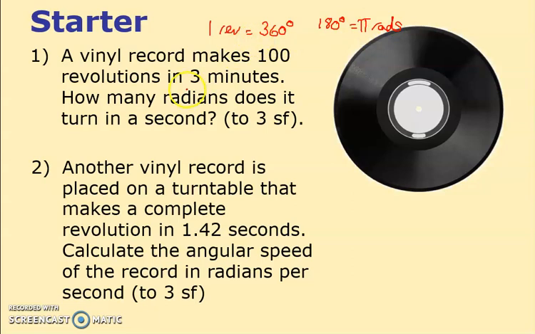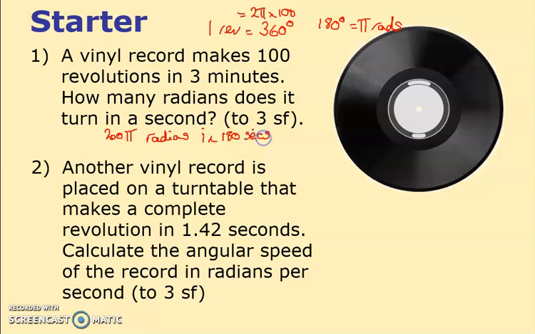It does 100 revolutions. So 360 is twice this, so I reckon one revolution is 2 pi, and I do it 100 times. So that gives me 200 pi radians, and it does it in 3 minutes, which is 180 seconds.